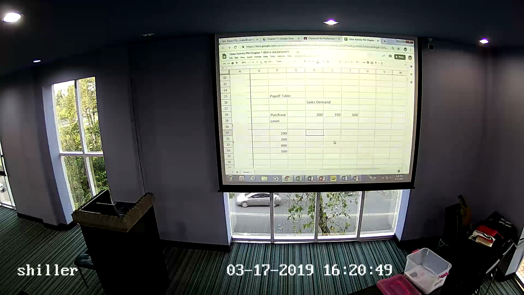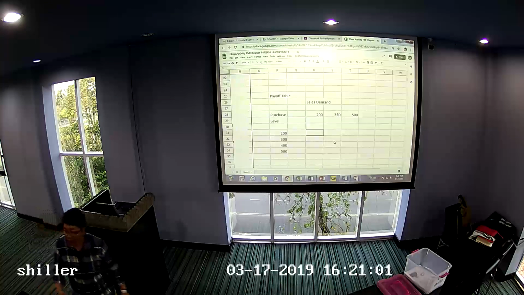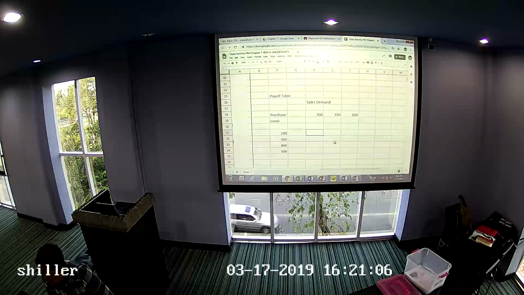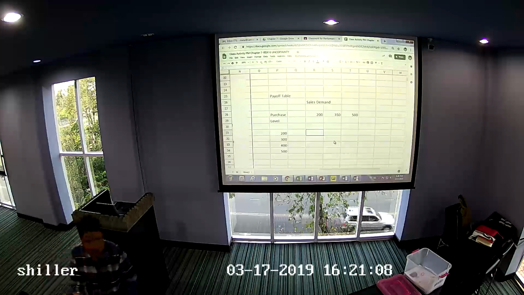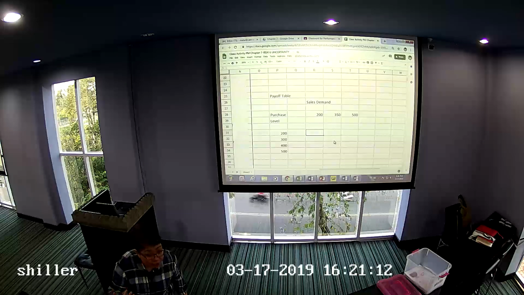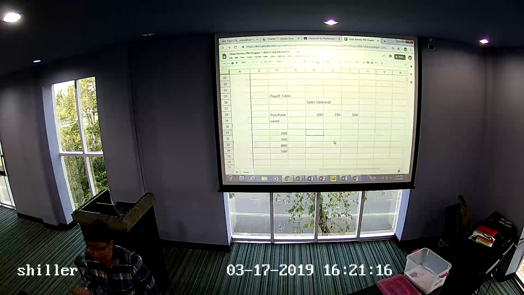How much does he sell the ticket at? He's still at 30. You understand? The ticket is $30. But if he's the agent and he buys a lot, he has a discount, correct? But he sells the ticket at the same price. So it's still 30. But how does he make money? The discount that he gets, correct?